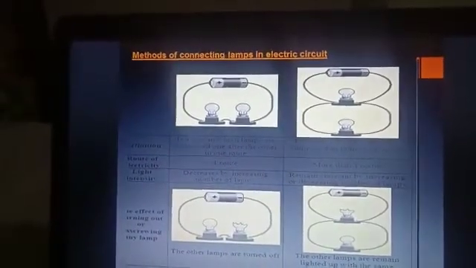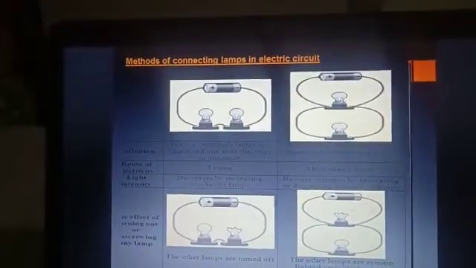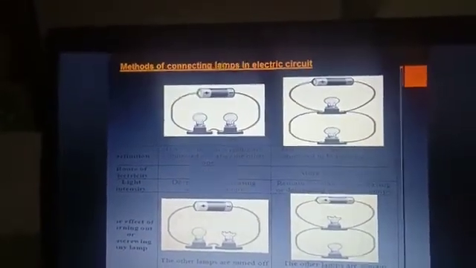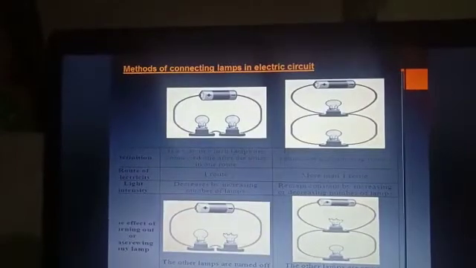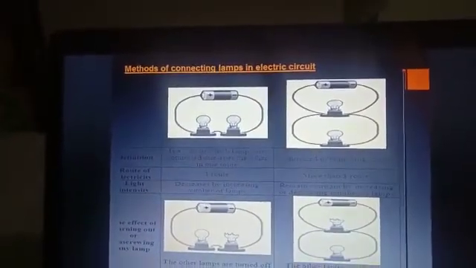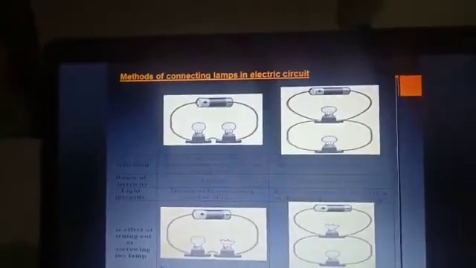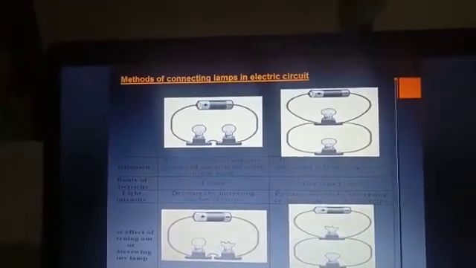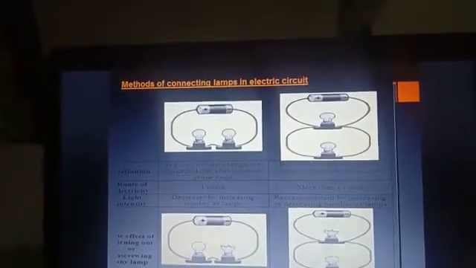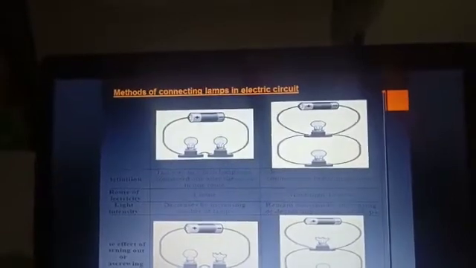But in parallel connection, it will remain constant by increasing or decreasing the number of lamps. Why? Because each lamp has its own route. It means that if I have 5 apples and divide them among 5 persons, each person will eat 1 apple, not a piece of apple.